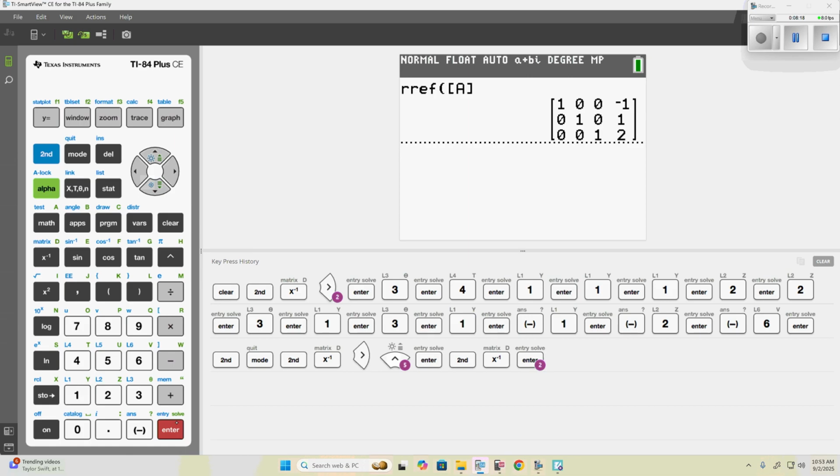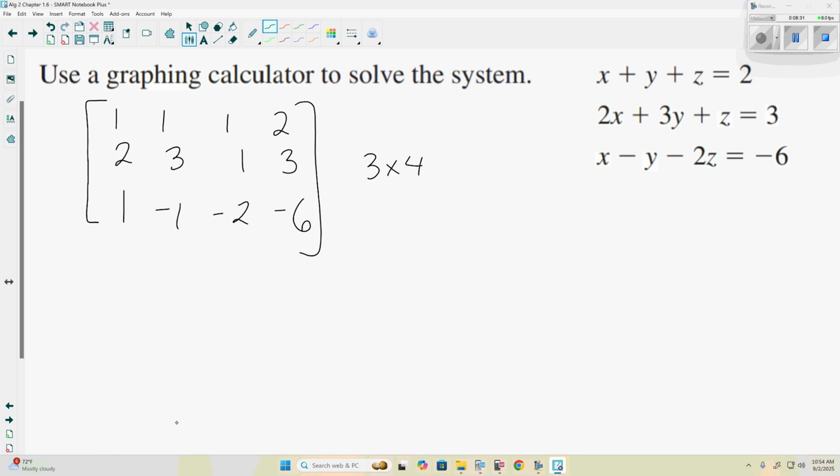So, we all have a matrix that looks like this here, yes? Now, when we have this diagonal of ones here, once we did this, we got 1, 0, 0, negative 1, 0, 1, 0, 1, 0, 0, 1, 2.